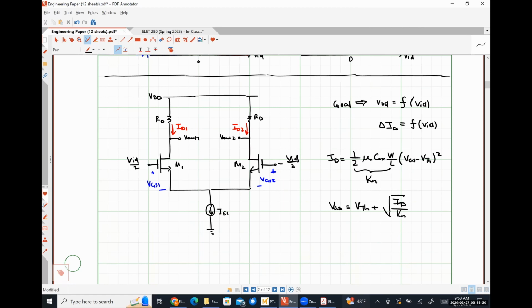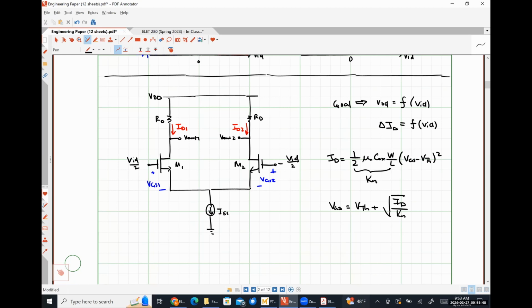Yes. So these are large signal differential volts. So we're not looking at the small signal anything. Everything we're doing here is large signal. Good question.